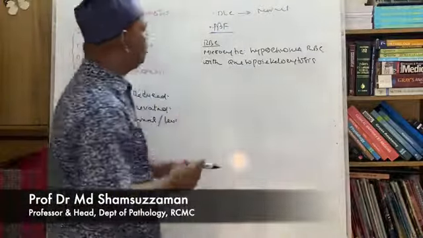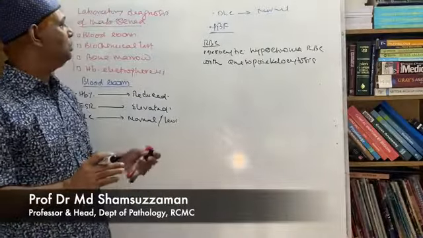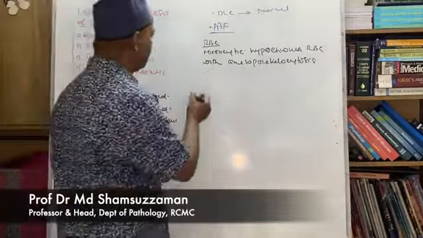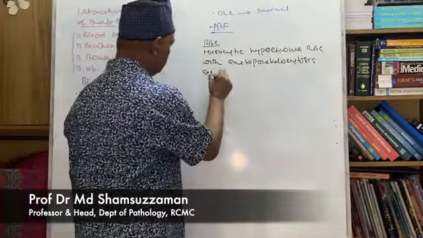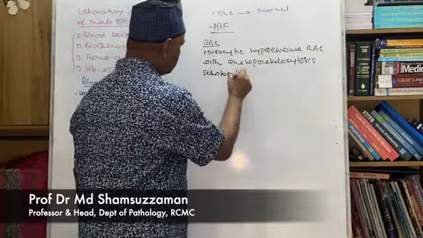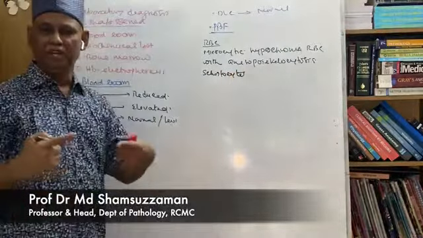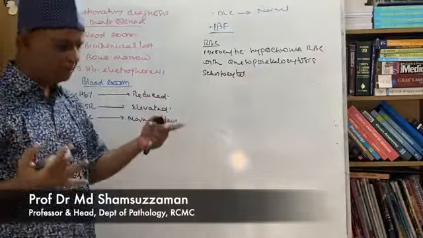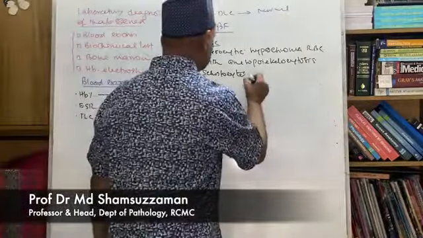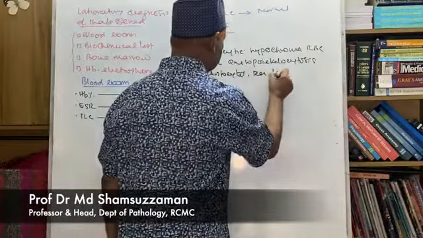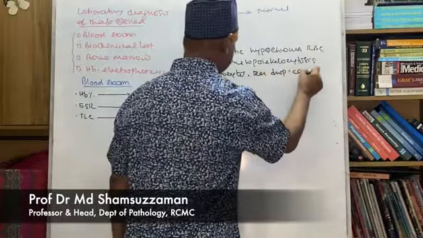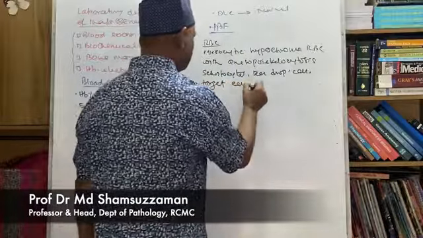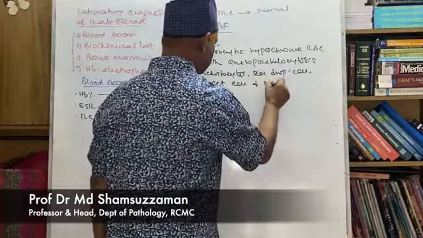In addition to this, what will be the additional findings in thalassemia? There will be schistocytes. Schistocytes means fragmented RBC. As it is hemolytic anemia, you can get hemolyzed or fragmented RBC, and it is called schistocytes. Schistocytes, teardrop cells, target cells, and nucleated red cells.